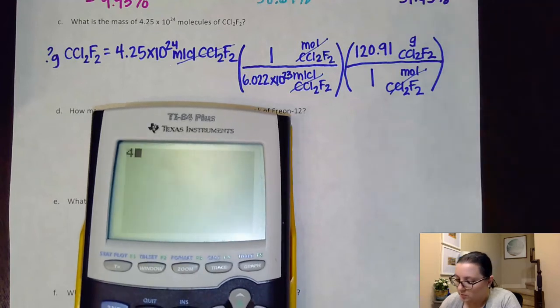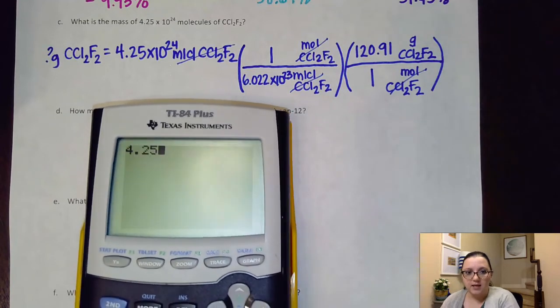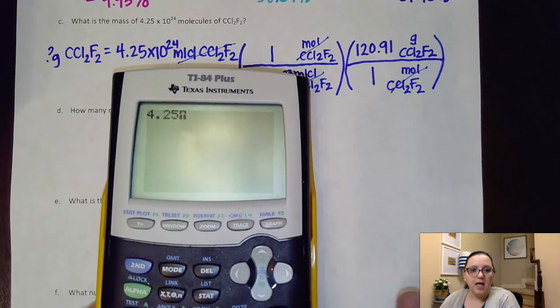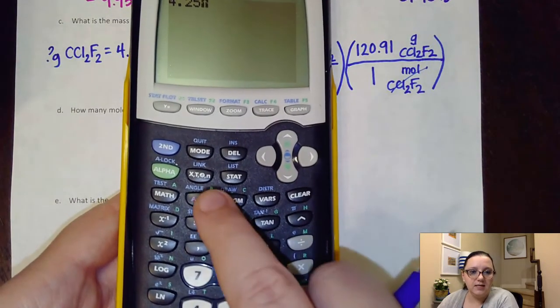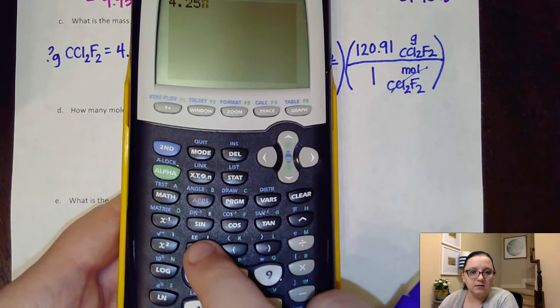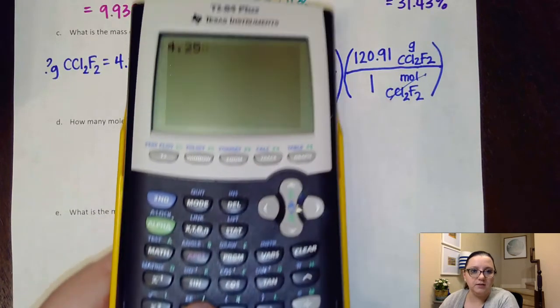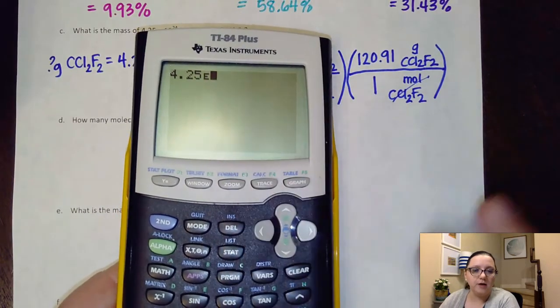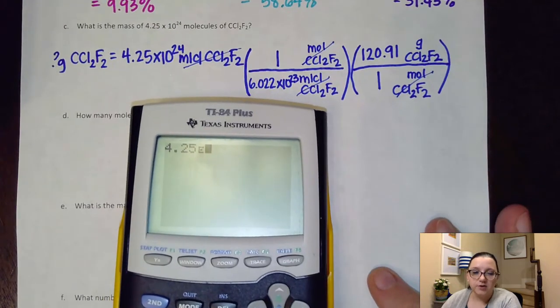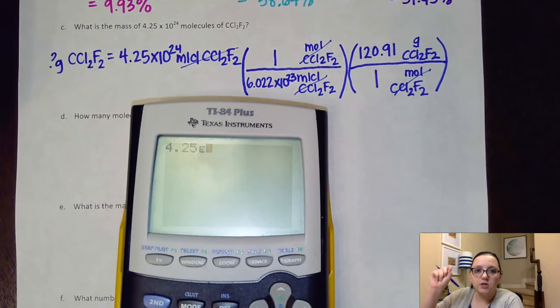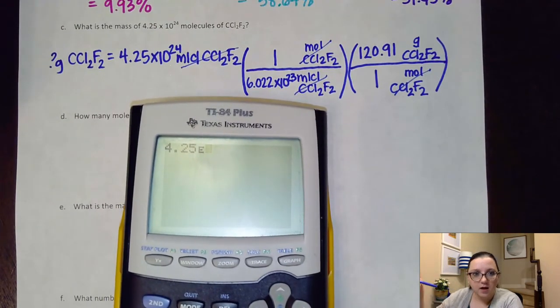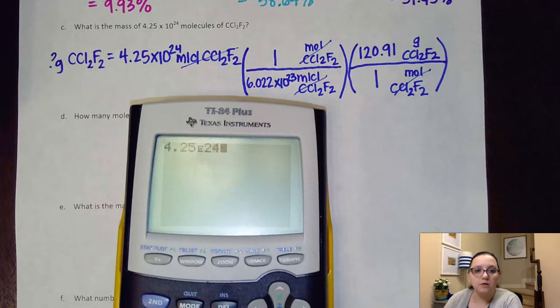So I do 4.25, then I hit the second button, and then EE, which you see right above the comma. Hitting the second puts E into your calculator. This E tells your calculator times 10 to the, and then all you have to do is enter your exponent of 24. No times, no tens, no carets, none of that.